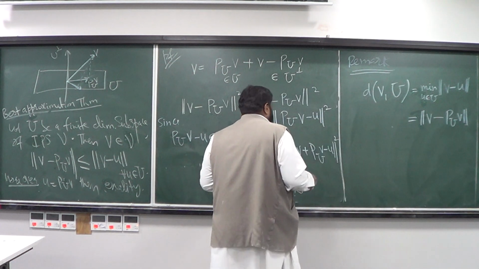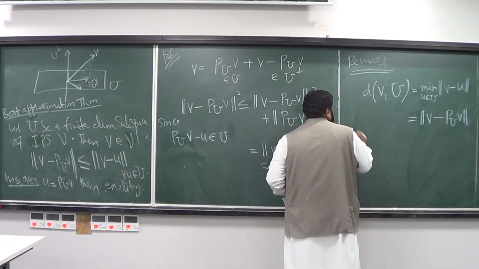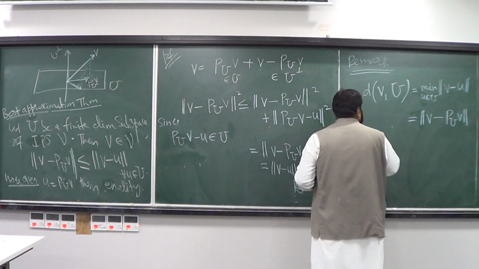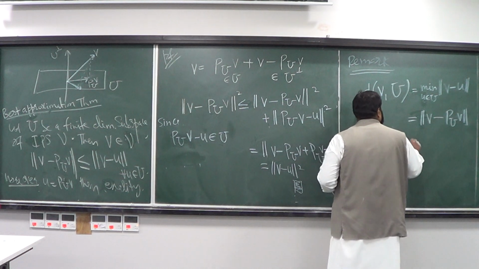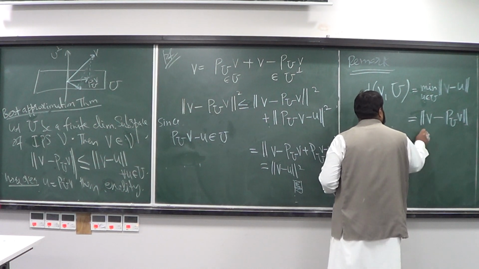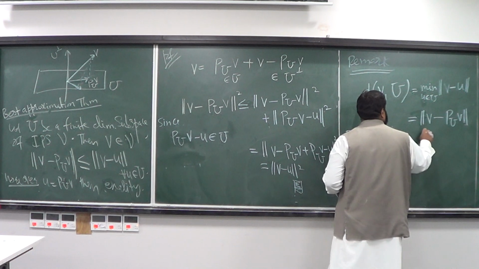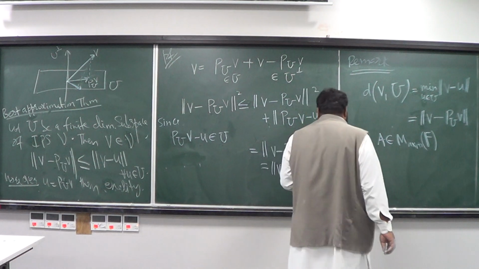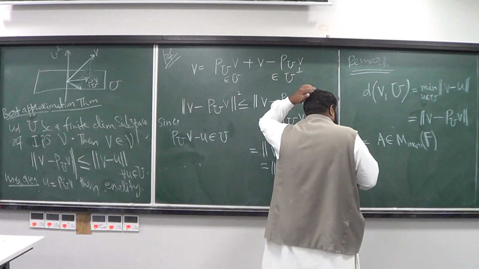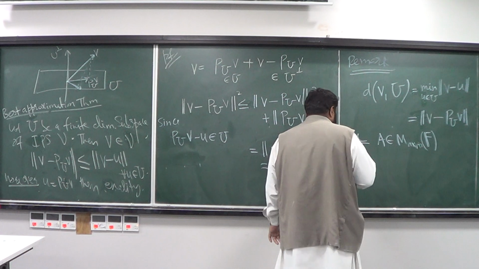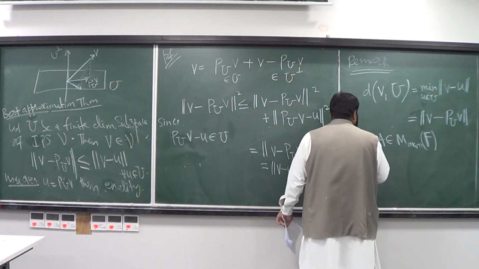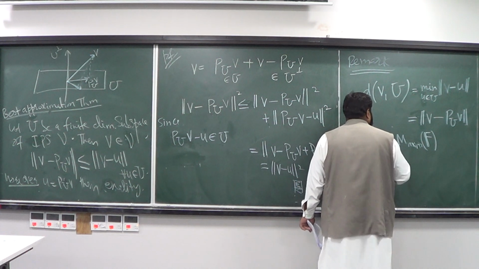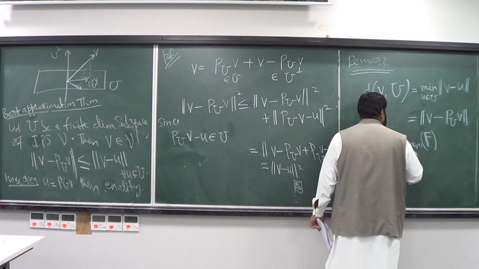Okay, so let's take an example. Consider a matrix A, which is an n by m matrix with entries from F. And say the rank of this matrix A is r.